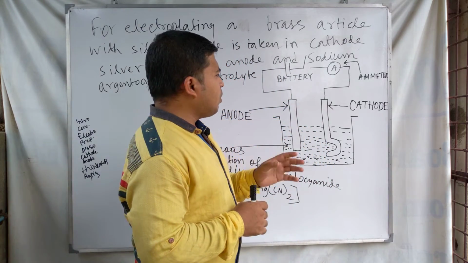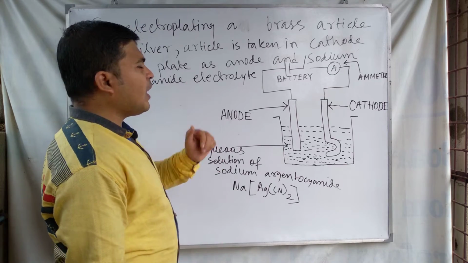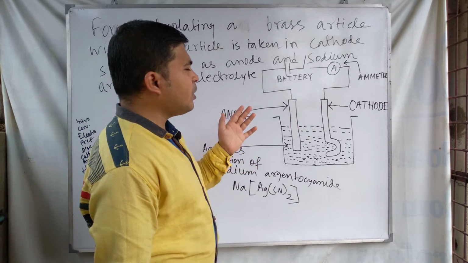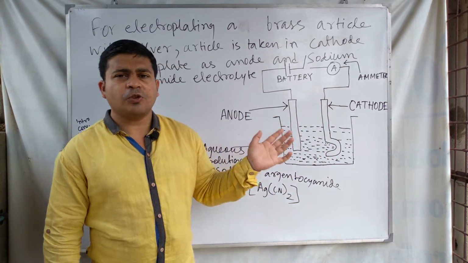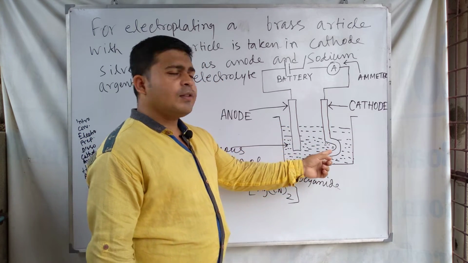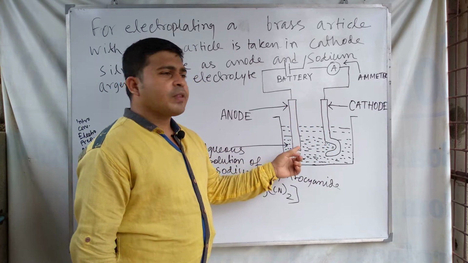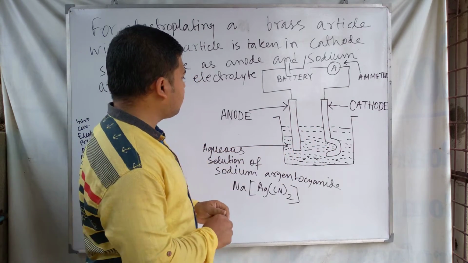In this video lecture we discuss the electroplating of the brass article. This one is the brass article, a brass spoon, and this one is the anode, and this anode is made up of silver.